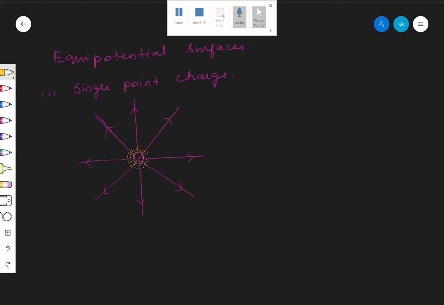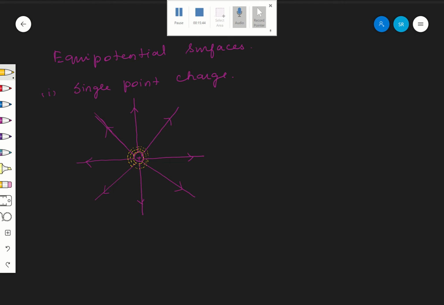This is number 1, number 2, number 3. I have drawn 3 equipotential surfaces here, and they are very close. If equipotential surfaces are closer in any region, then you can say that the electric field is very strong in that region. And the equipotential surfaces are just like your electric field lines.